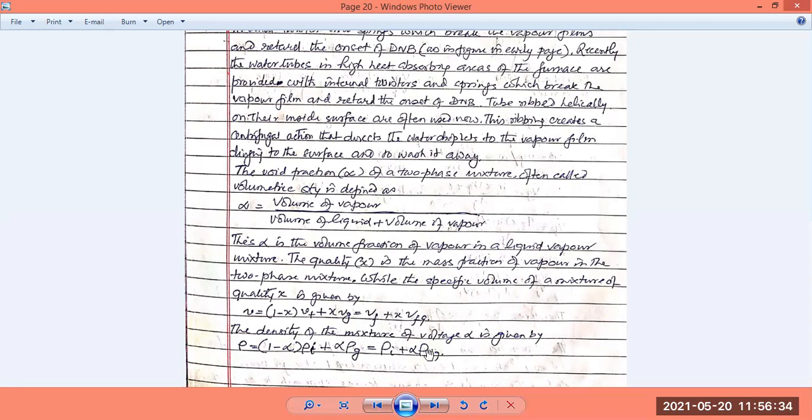The volume of gas multiplied by the mass fraction of vapor should be added with (1 - alpha) into rho_f.